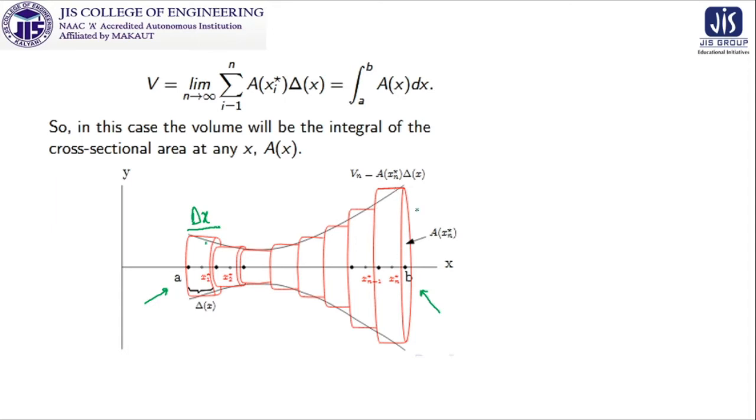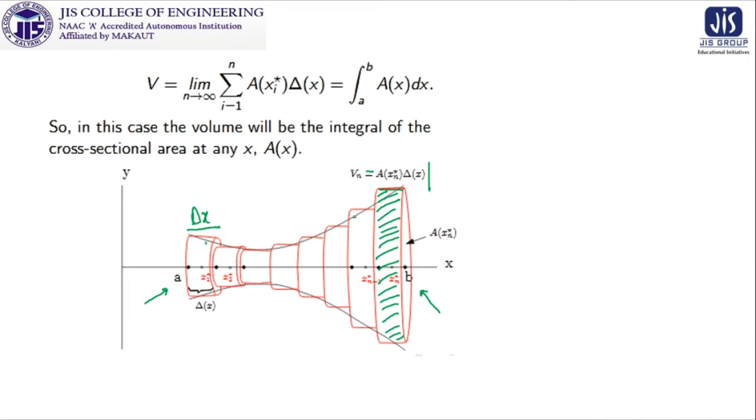This area is denoted as A(xn star). A(xn star) means this surface, and this is the depth, or the height. If we want to find the volume of only this one, our job is to multiply this area with del x. So Vn at the nth position is A(xn star) times del xn, like the cylindrical surface.